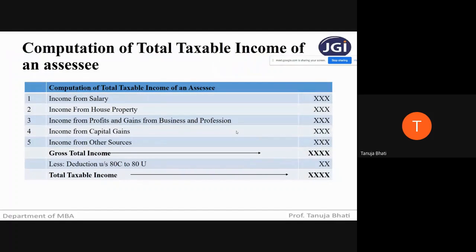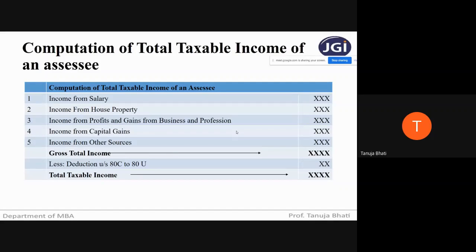Till we complete this module, I'll be revising this slide again and again: how to compute the total taxable income of an assessee. What you have to do is consider the income from all the 5 heads, that is income from salary, house property, profits and gains from business and profession, capital gains, and other sources. When you add the income from all the 5 heads, you get gross total income.